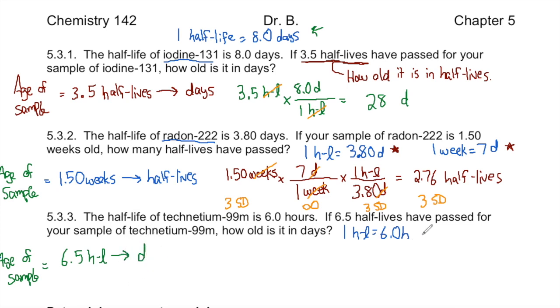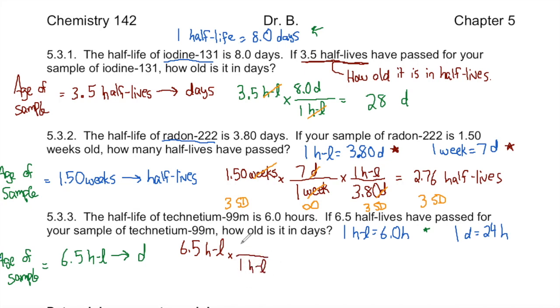All right, we have a relationship to hours, so I think we should write down another relationship that can relate hours to days so that we can do the conversion. So 1 day is 24 hours. Now we can do our conversion. We have 6.5 half-lives. We know that 1 half-life is 6.0 hours.